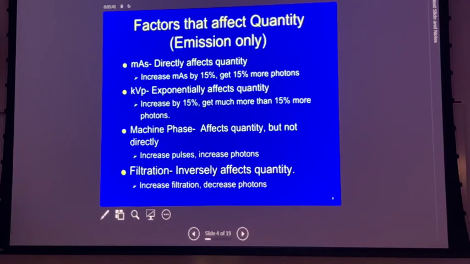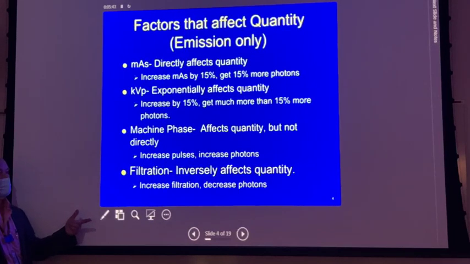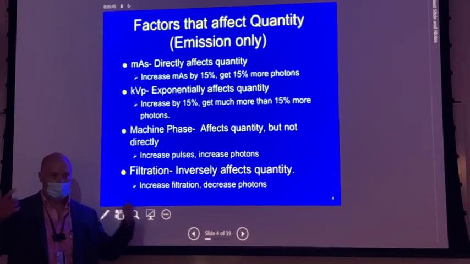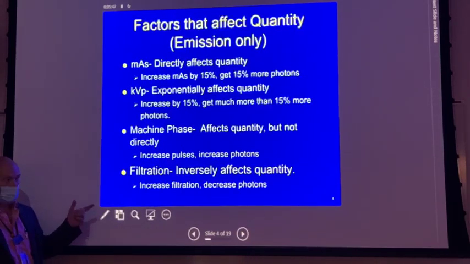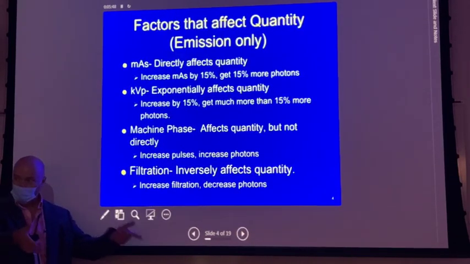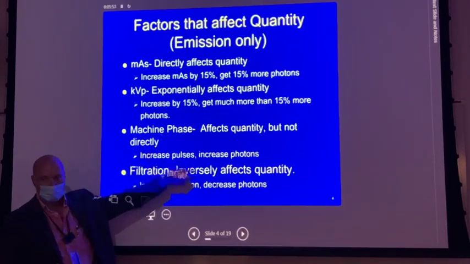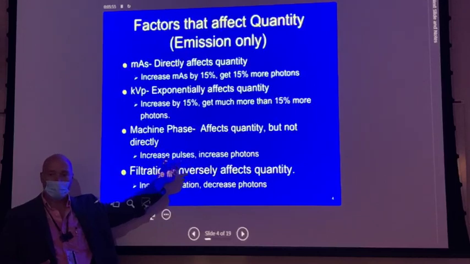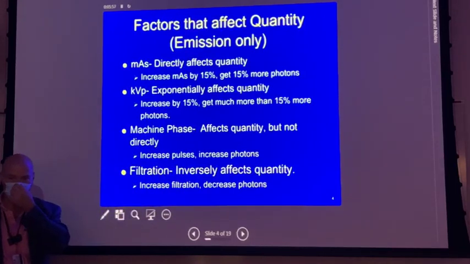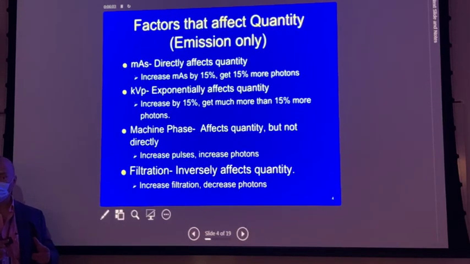It's direct. So if you increase your KVP, you increase your quantity in the same direction. But a 15% increase in KVP equates to how much of a change in exposure? Just KVP.